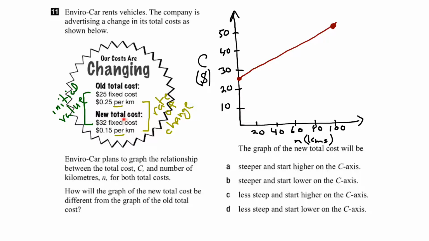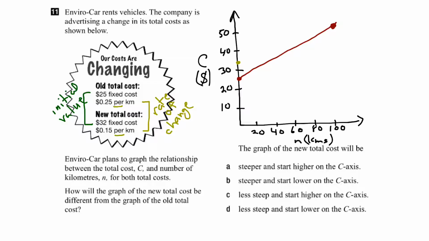Now let's look at the new total cost line. So here the fixed cost or initial value is $32. So that would be about there. Let's say we also went 100 kilometers here. So 100 times 0.15 would be $15.